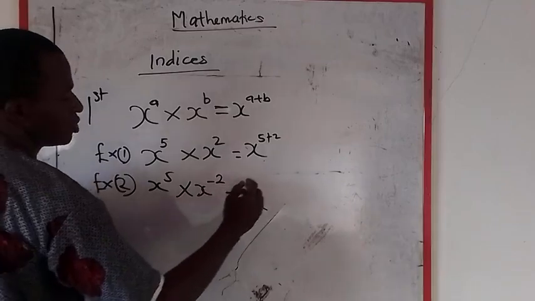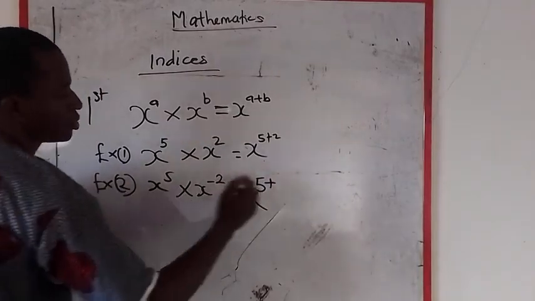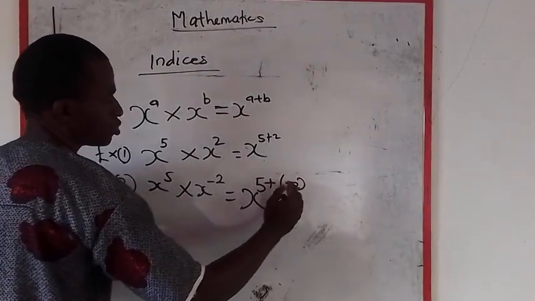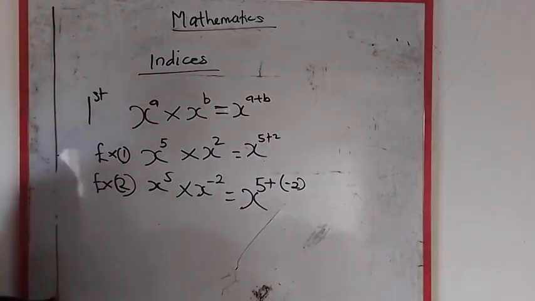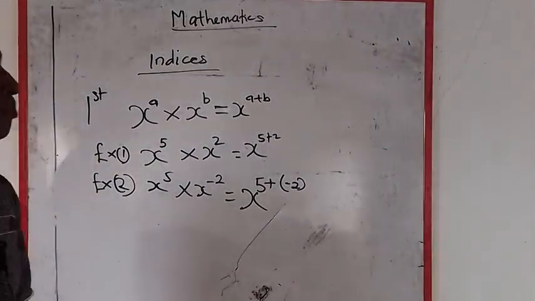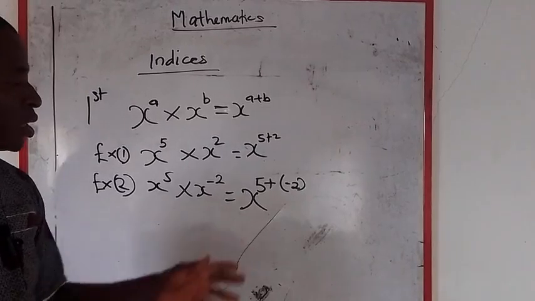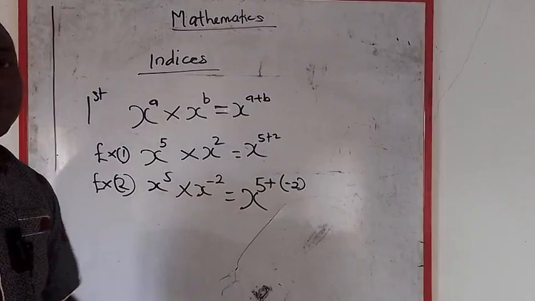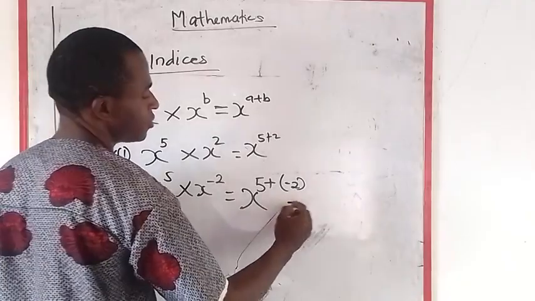Similar base, 5 plus, because we are going to add the powers, minus 2. We're not removing the minus sign there, but we have to apply the law first before we talk about what will happen to that one later. When you go to my video on algebra, I think in that video I explain what is happening there. In this case, we cannot use the plus and minus at the same time.